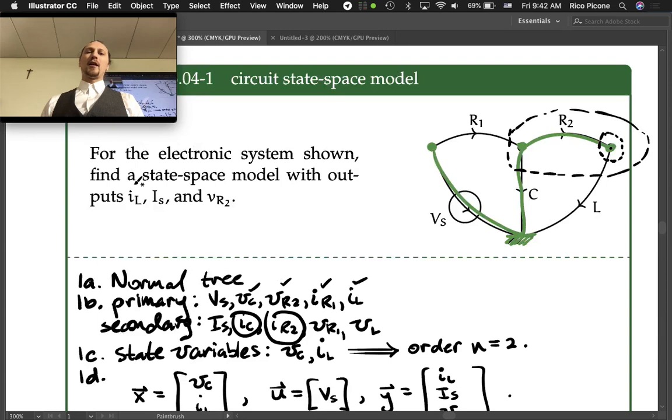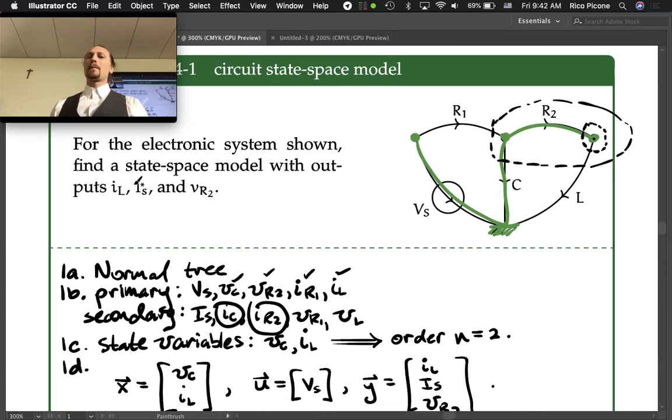IS is the current coming from the source, okay? And you may or may not remember that when you have a voltage source, specifically in this case, and you have a drop this way, it supplies current actually in the opposite direction. I don't know if you guys remember that. It's a little bit of a weird thing that we talked about a while ago.